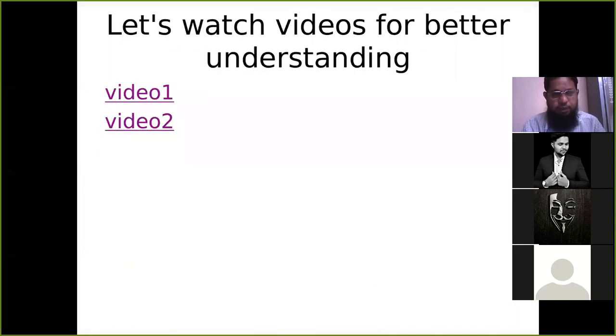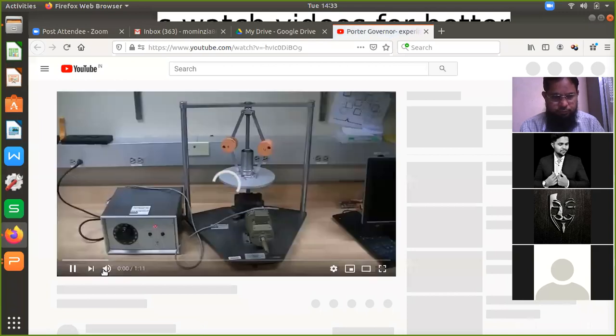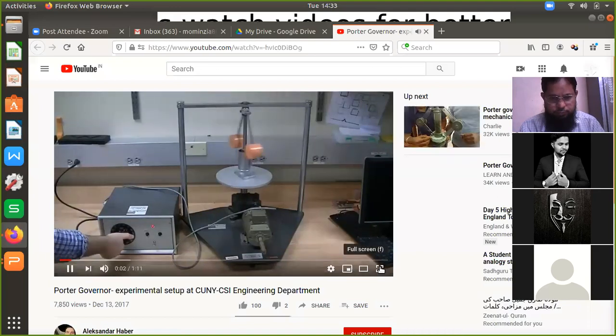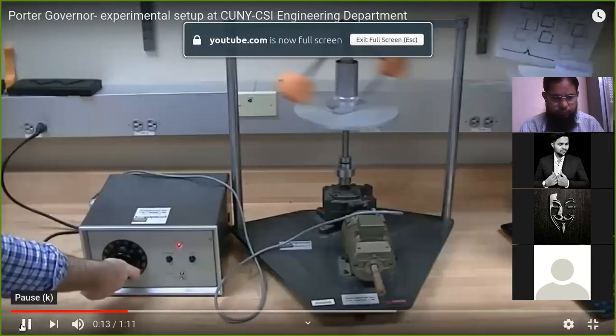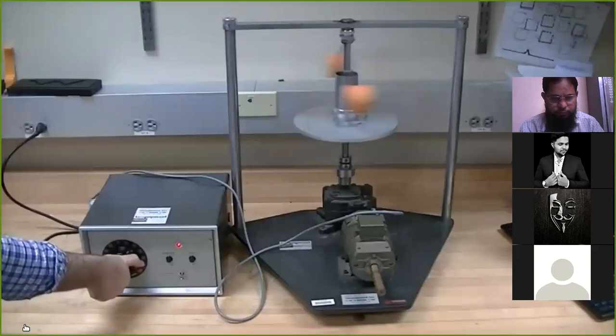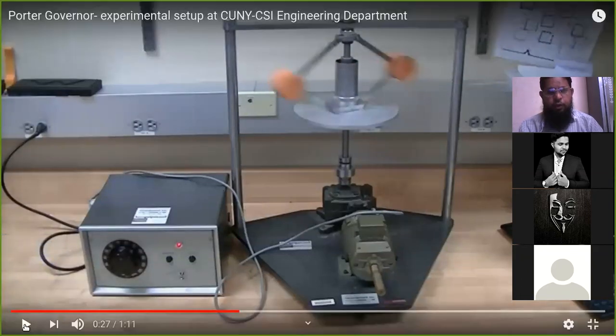To see that equilibrium speed, we'll go back to this video. At this particular speed, the sleeve does not tend to move either upward or downward.